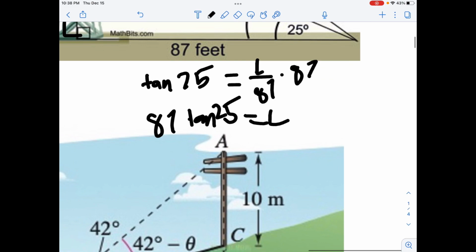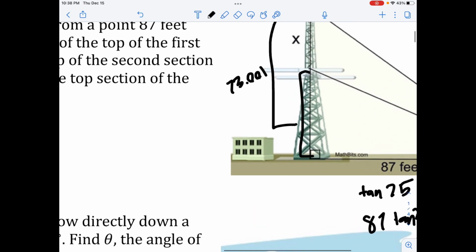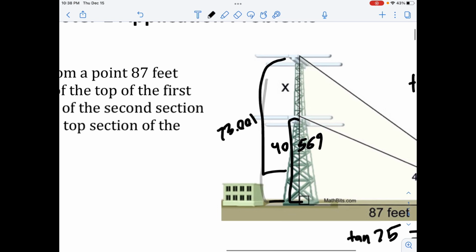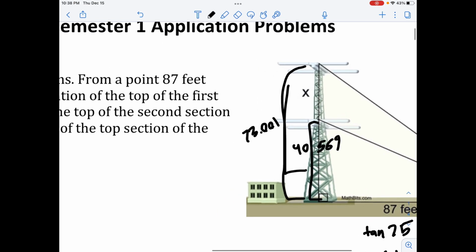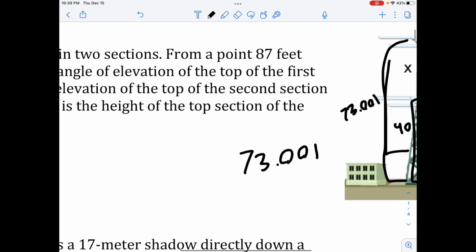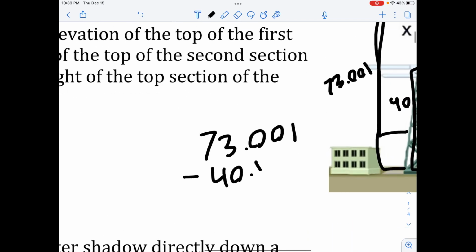So we have 40.569. So we have this whole one. We subtract these two and we'll find x. So 73.001 minus 40.569.